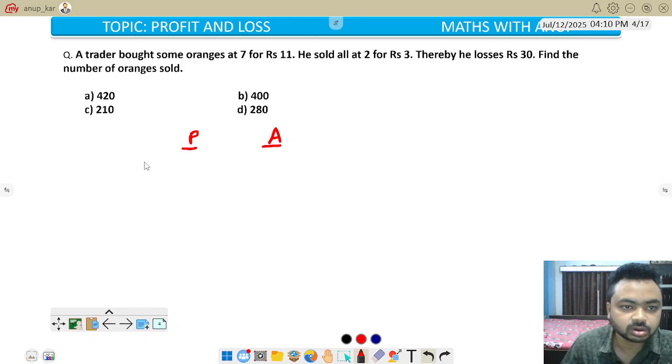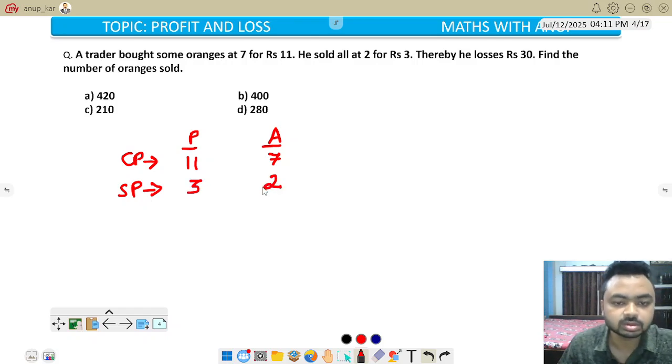So my cost price is 11, the number of articles is 7, and my selling price is rupees 3 with number of articles 2, but the number of articles should be the same. What do we need to do?